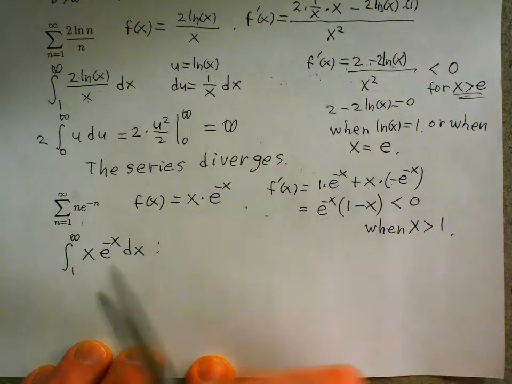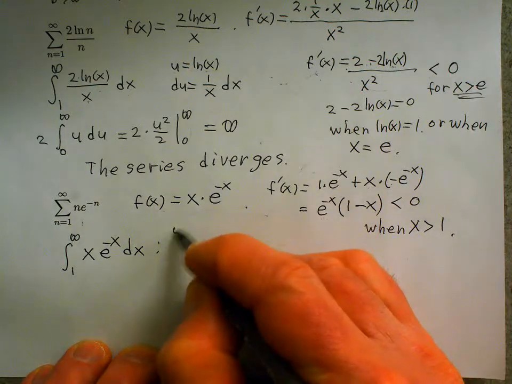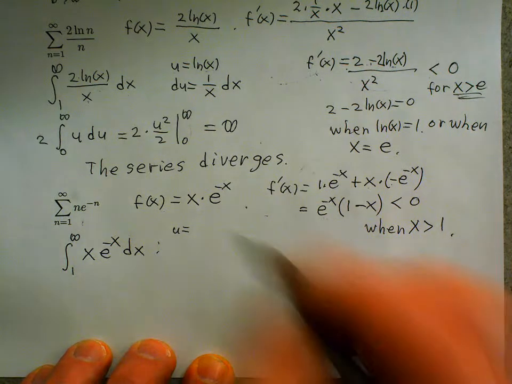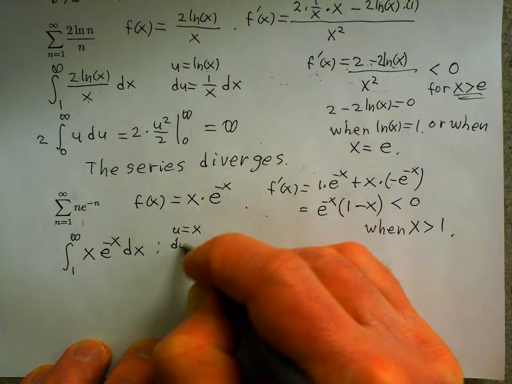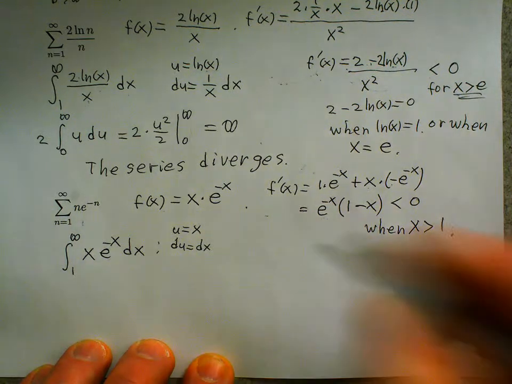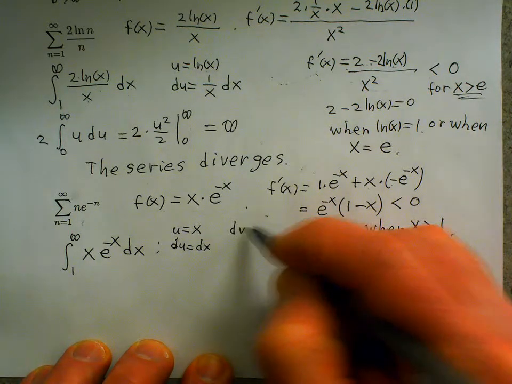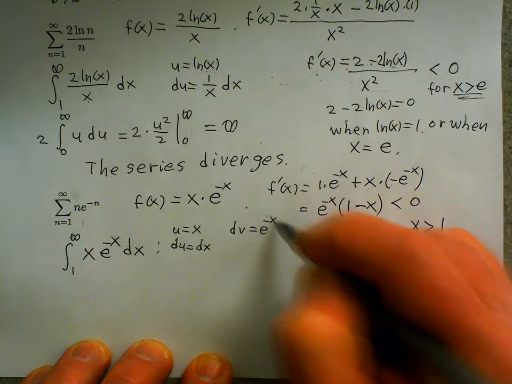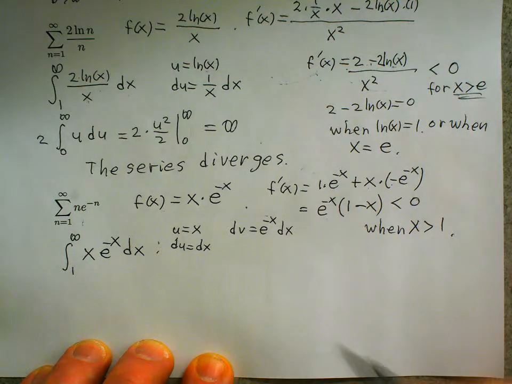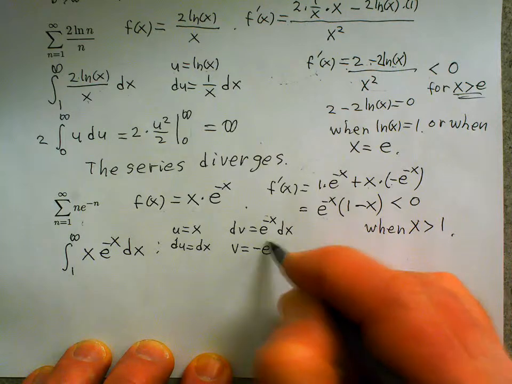Okay, so let's use integration by parts. u is equal to x, so du is dx. dv is e to the negative x dx. And so v is negative e to the negative x.